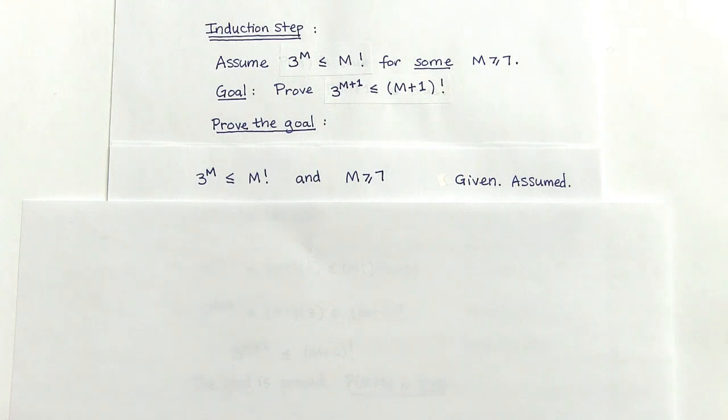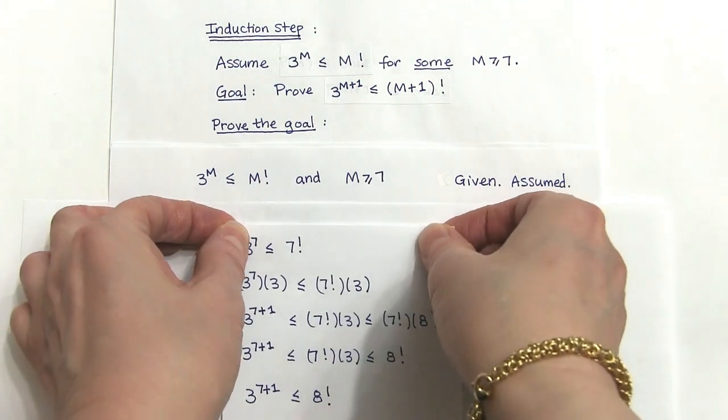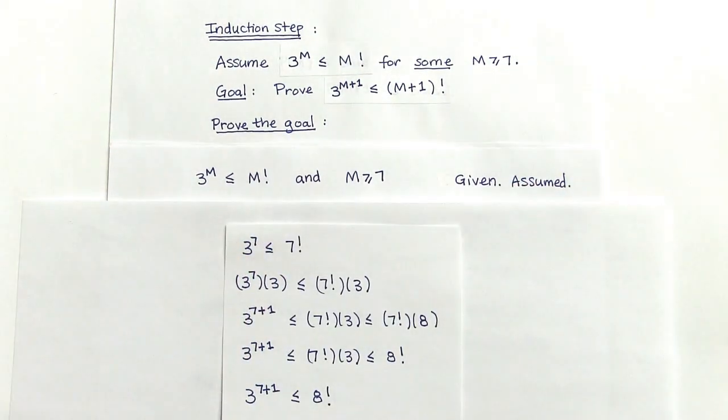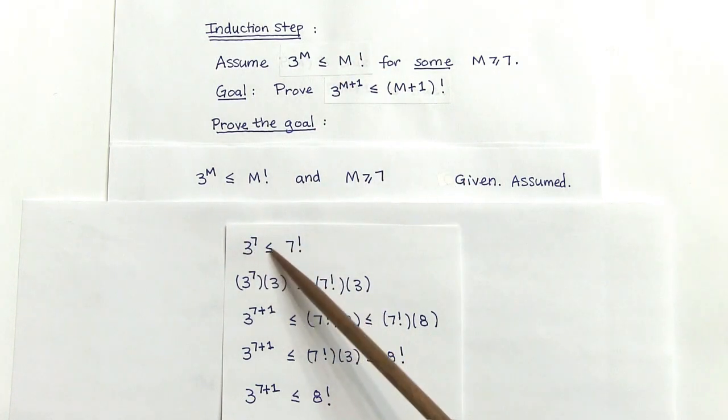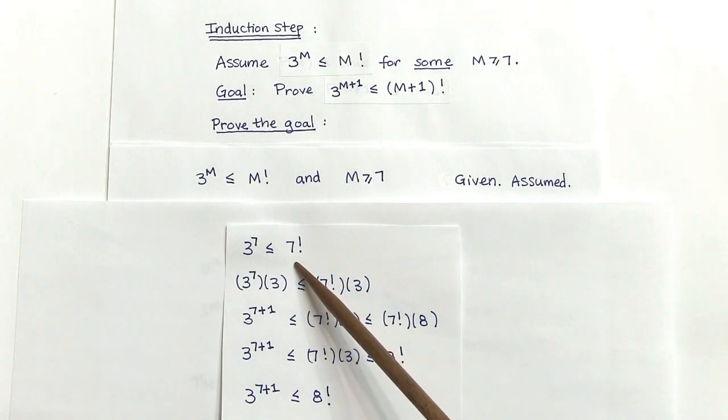Well, I ask myself, how would it look if I had numbers? What if m were 7, for example? What could I do? Sometimes it's easier to see the algebra if I look at it with numbers first. So what would this induction hypothesis look like if m were an actual value, 7?